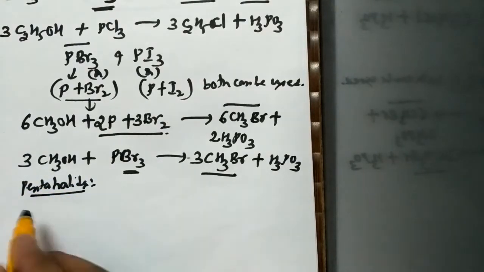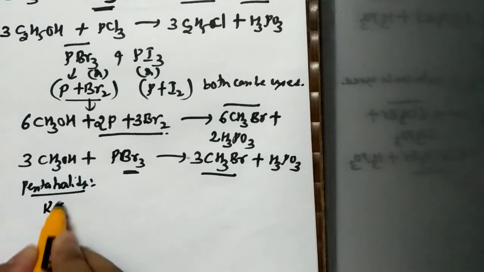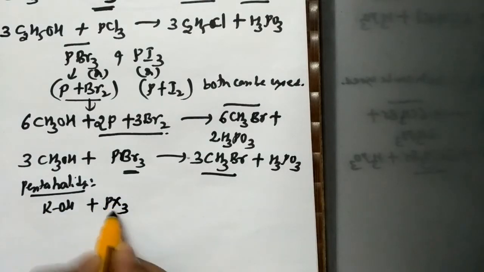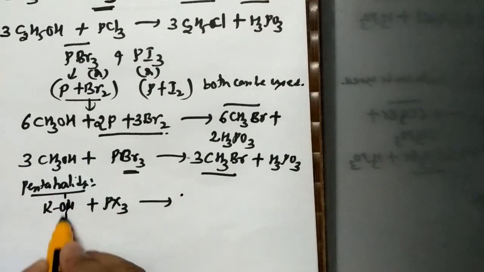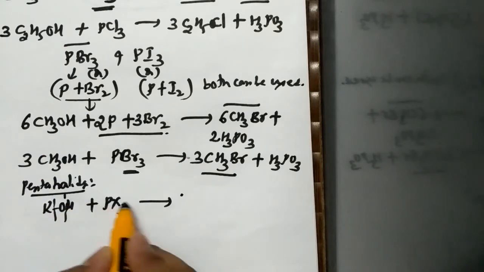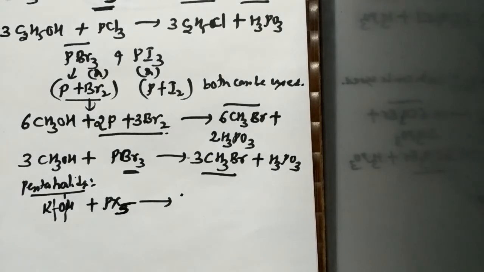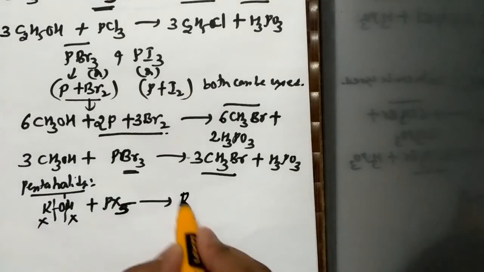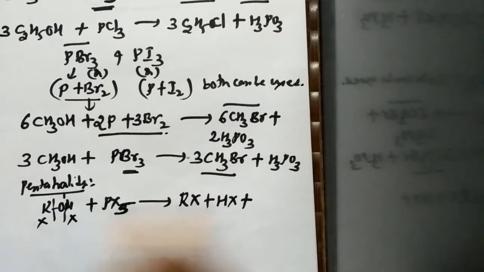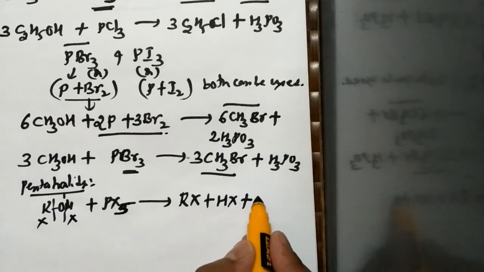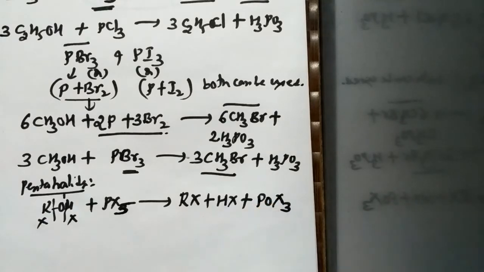When an alcohol is made to react with PX5 pentahalides, one halogen will combine with one alkyl group, and one halogen will combine with one hydrogen, which will give rise to RX plus HX. What is left out? Still one oxygen is left along with three halogen atoms, which can be written as POX3.